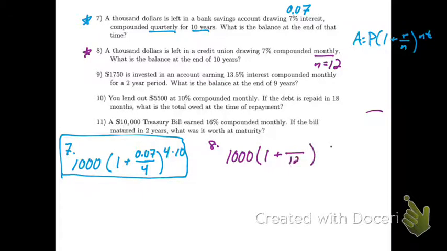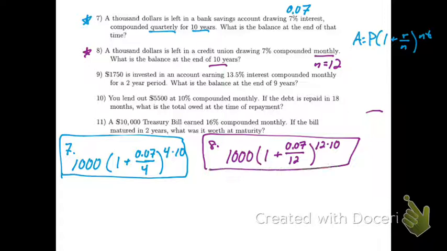So 12 is the number of times it's compounded. 7% interest, so 0.07. And then for how many years is it in there? It's in there for 10 years. So times, just to make sure there's no confusion, it's not decimal, 12 times 10 right there. Okay, and that would be number 8.